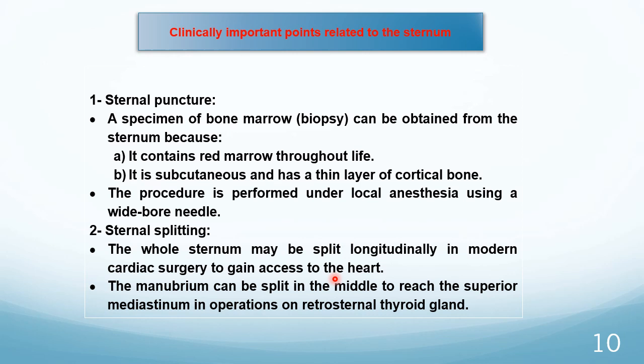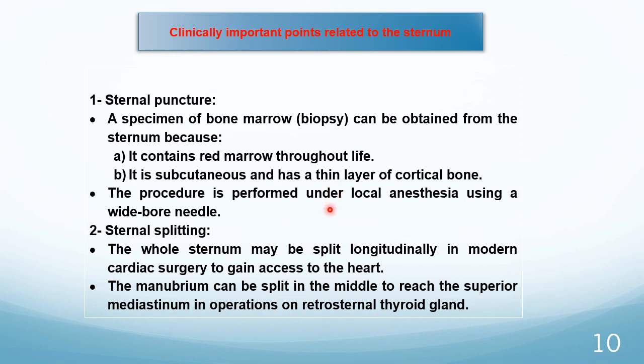Some people have a goiter, an enlarged thyroid gland, that can extend behind the manubrium. We can split the manubrium to remove the retrosternal goiter or even any mass behind the manubrium. So clinically the sternum is important in case of sternal puncture and splitting of the sternum.